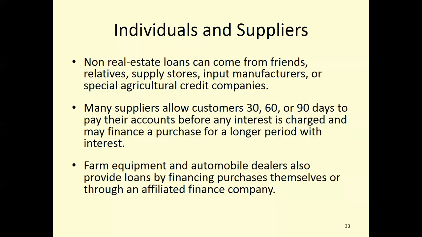Farm equipment and automobile dealers also provide loans by financing purchases themselves through an affiliated finance company. That's true. Most car dealers today, or car companies, machinery companies, offer financing in-house because it helps them to sell merchandise, obviously, help them sell property, machinery, and vehicles.